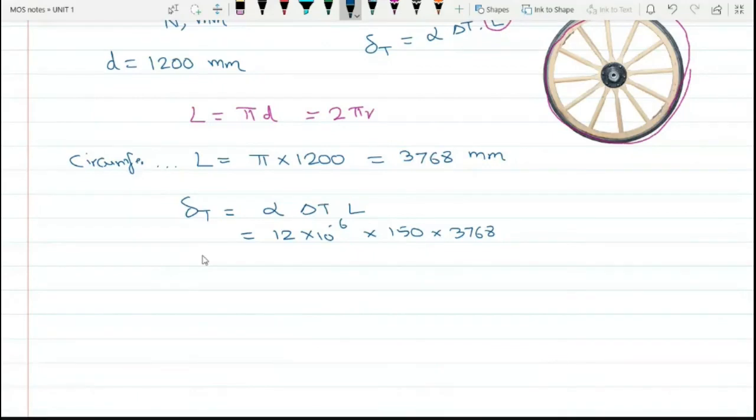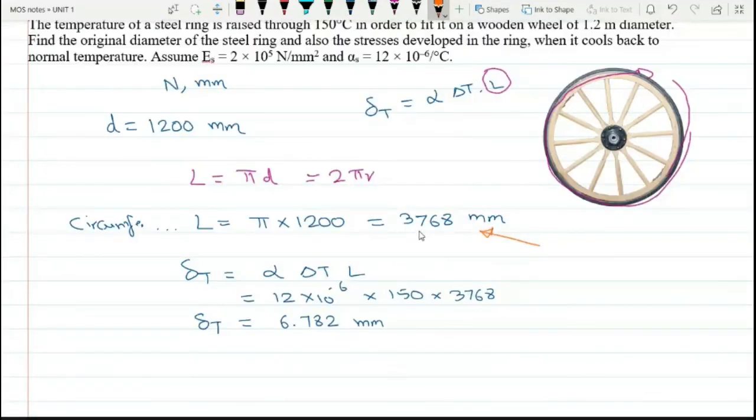So what will be my change in length when I increase my temperature to 150 degrees centigrade? 0.782 mm. Your original steel diameter has to cover this. So after I heat for 150 degrees centigrade, I am getting this value.